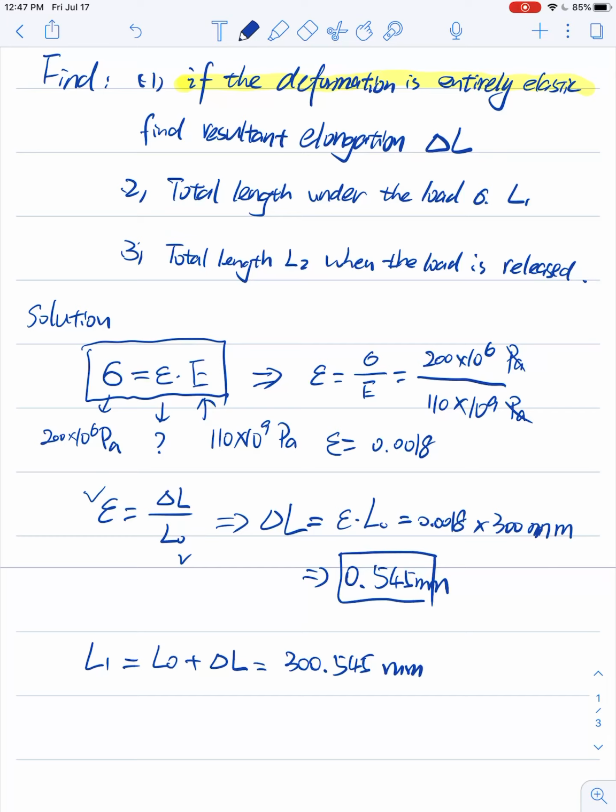Right. Now let's look at the third question. What's the total length L2 when the load is released? I want you to think about what should be the total length after you release the load. What happens when you release the load? The alloy will try to recover to its original shape, but how much will it recover?